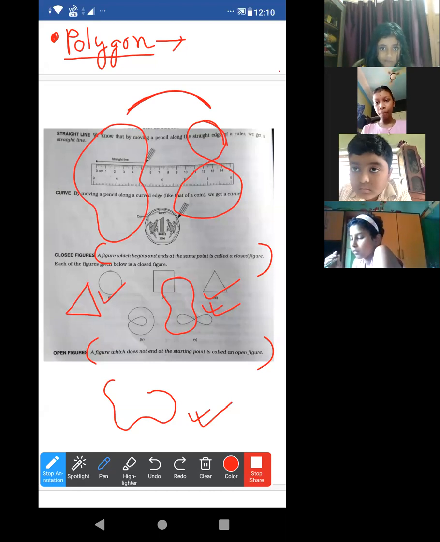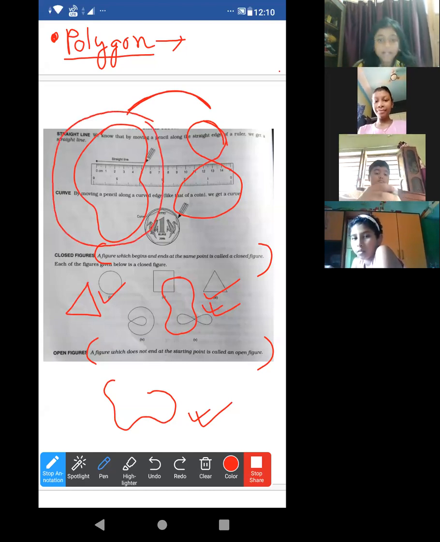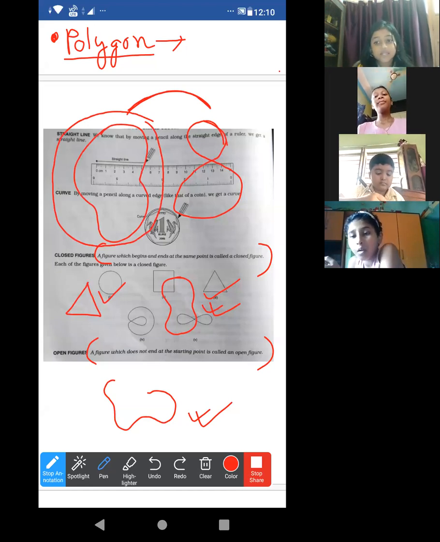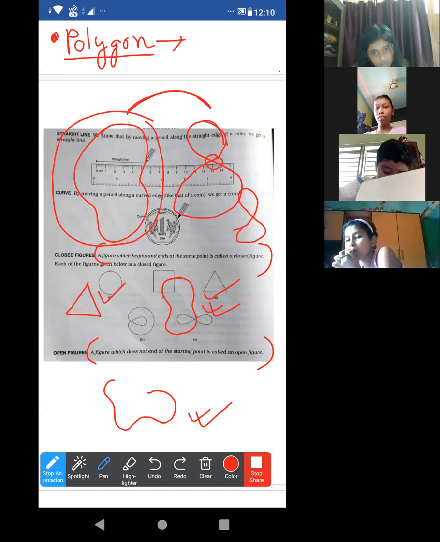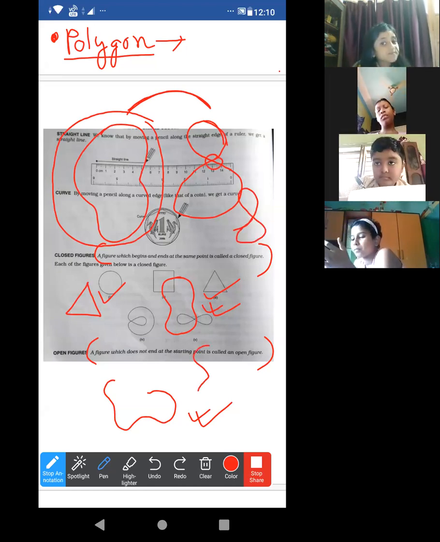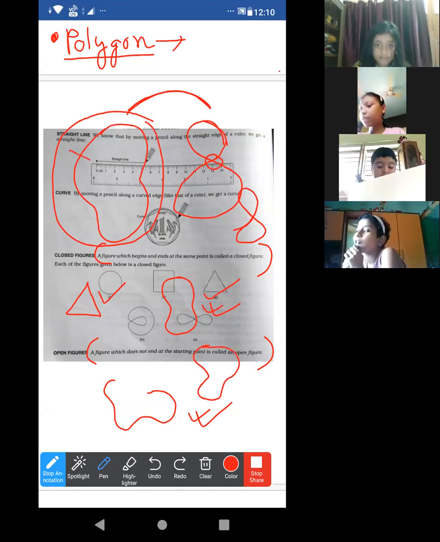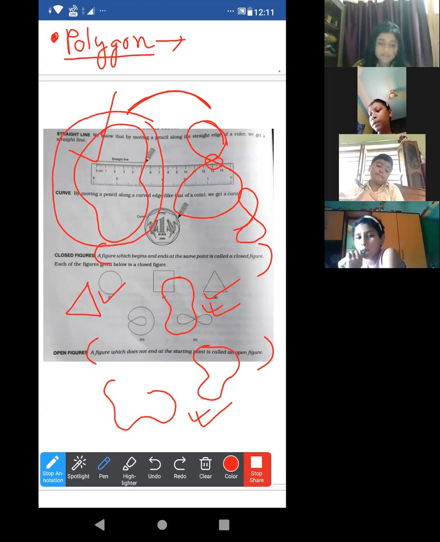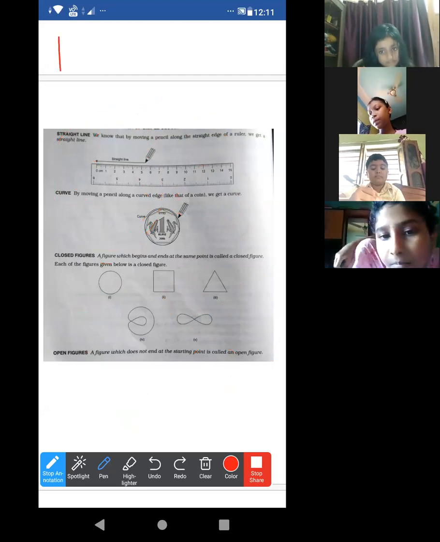Both are closed curves, but this one is a simple closed curve. Look, in this one the curve has touched and crossed itself, but here look, there is no crossed portion. So this one is a simple closed curve. All of you can remember this? Simple closed curve. Okay. Now look, give heading polygon.